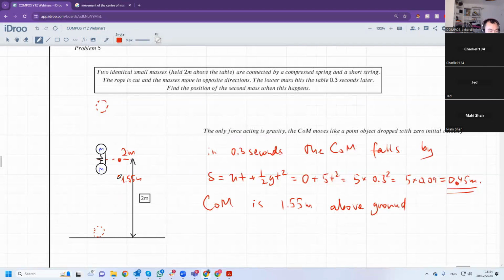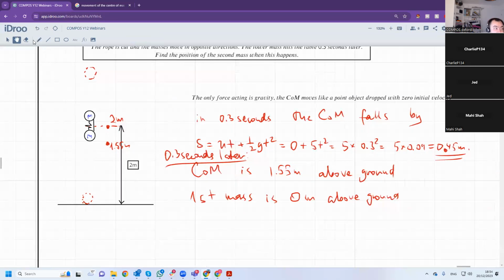So if the first mass is at the ground level, it hit the ground, so it's 0 meters above ground 0.3 seconds later.